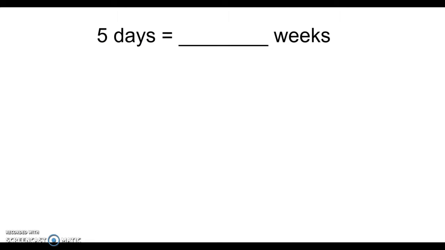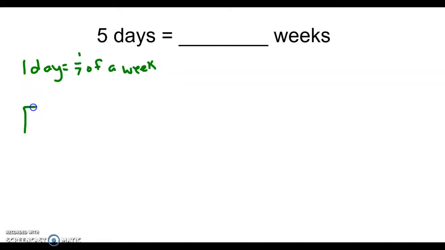Now, we have to know our understanding of this, that in one day, if I write one day, that's really 1/7 of a week. We know that because there's 7 days in a week. I just want one of them.